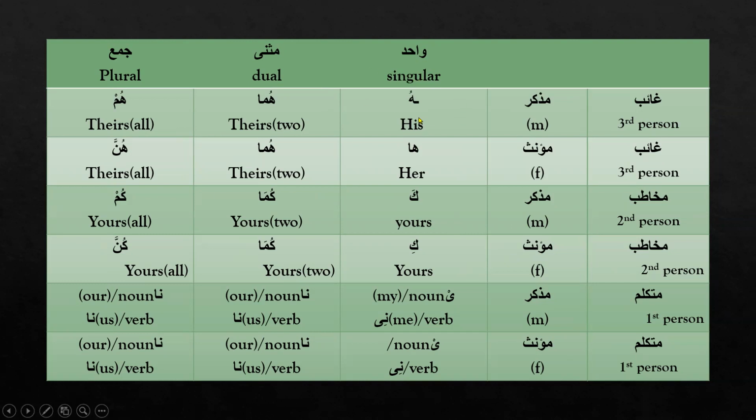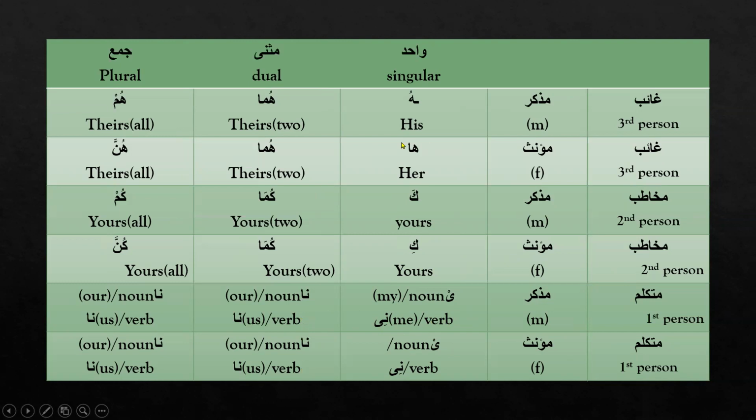For huwa the attached form is hu, for hiya it is ha, for anta it is ka, anti is ki, and for ana it is ya for nouns, and when we use it with a verb, we add noon and ya, the ni form. Just like that, we have na for both verbs and nouns.